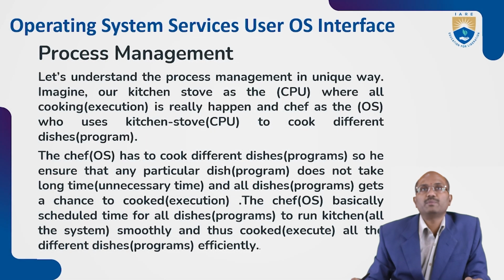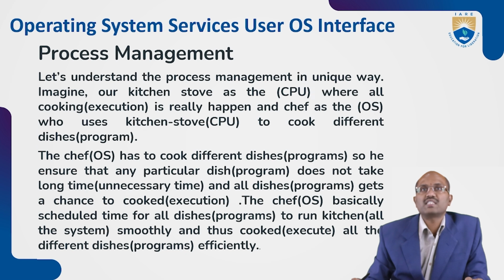Next, process management. Let's understand process management in a unique way. Imagine our kitchen stove as the CPU, where all cooking execution really happens, and the chef as the operating system, who uses the kitchen stove CPU to cook different dishes as programs.